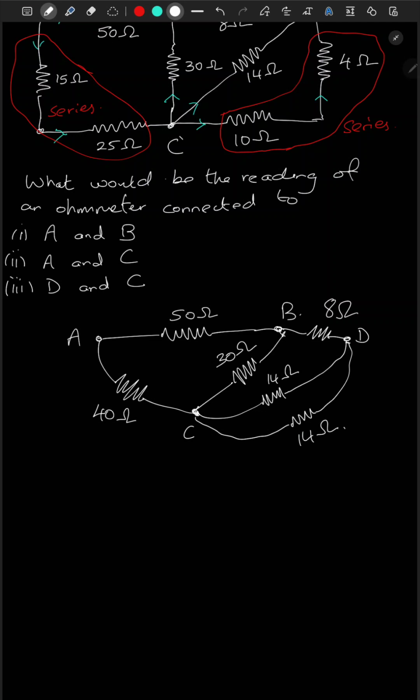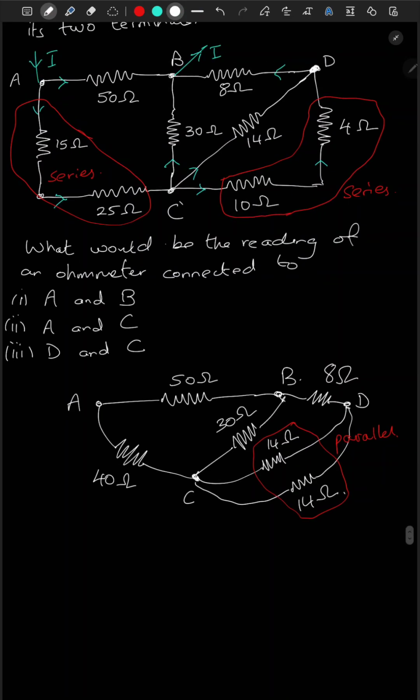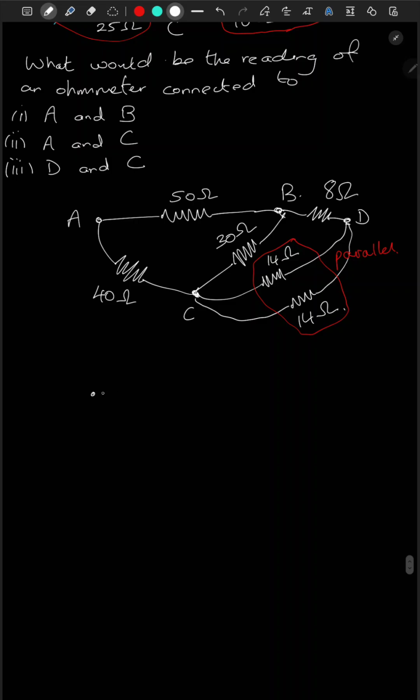So if these two are in parallel, we can redraw this and put these two in parallel. So the circuit will be reduced to this.